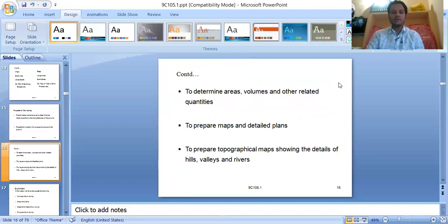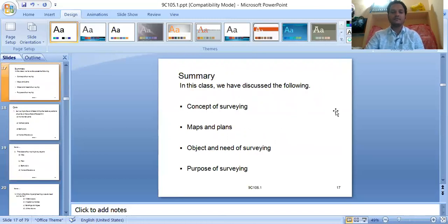And surveying can be used to determine areas, volumes, and other related quantities. It can be used to prepare plans, maps, and detailed map plans. And it is used to prepare topographical maps showing the details of hills, valleys, and rivers. These are all the objectives of survey.